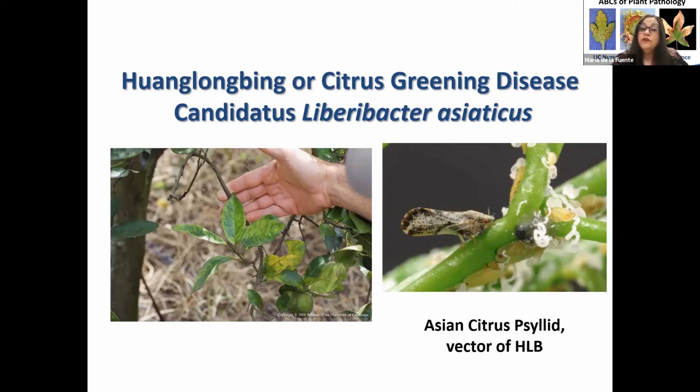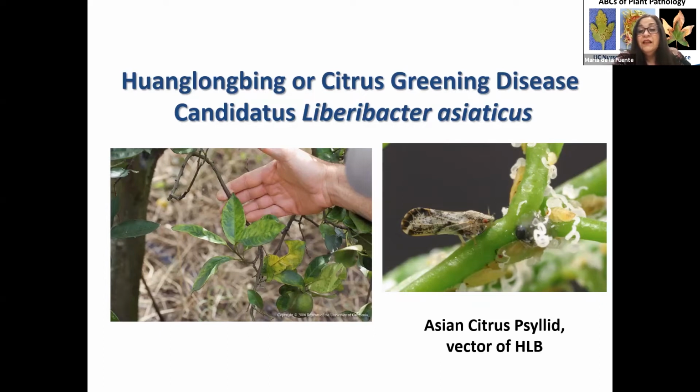We have also other fungi that are vectors of viral diseases. So a vector is just a mechanism of transmission from a diseased plant to a healthy one. The organism needs to acquire it and then give it back to a healthy plant.